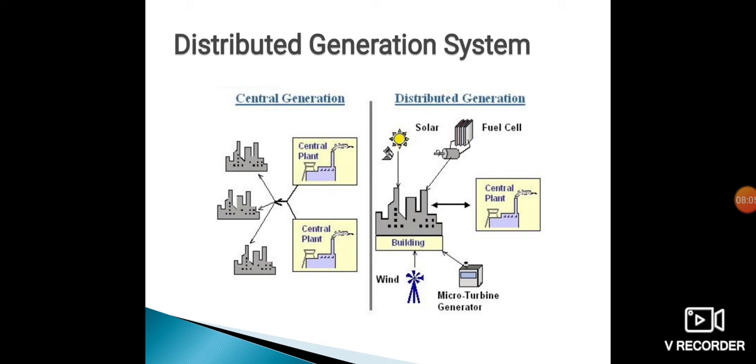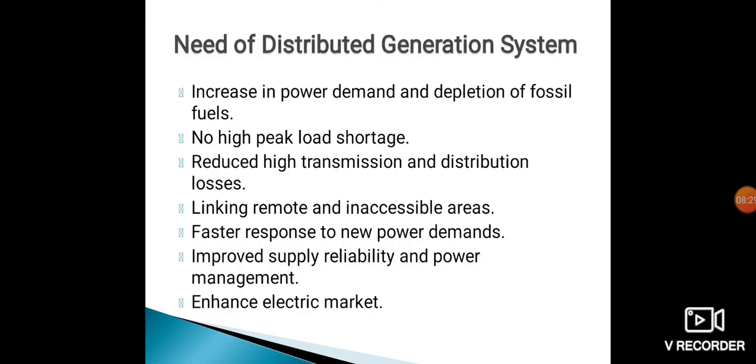So system becomes more reliable. We have fuel cell generation system option available, we have solar option available, we have wind option available, we have micro turbine generation option available, and the last option remains for us is central power plant. So this is about the distributed generation system.